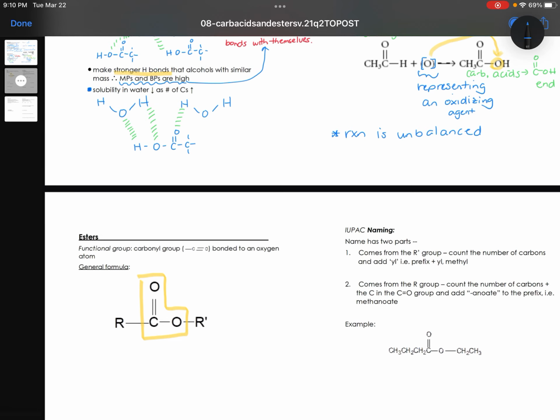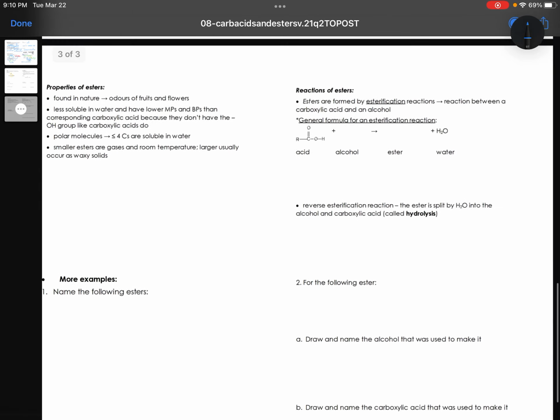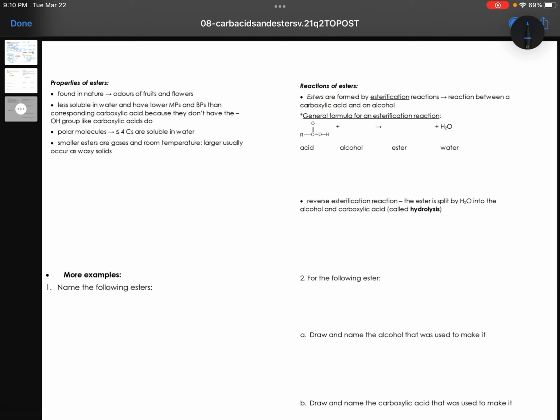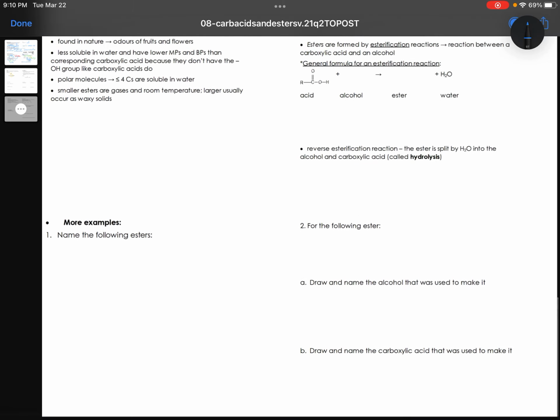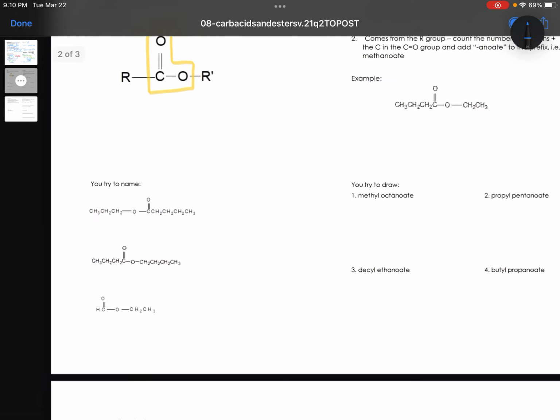Okay, so what we are going to eventually do is look at reactions of esters, and you can actually do questions where you take an ester and split it into an alcohol and a carboxylic acid, because this reaction actually goes in both directions, forward and reverse. Synthesis and decomposition are opposite reactions to each other.